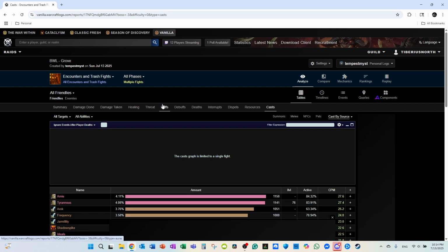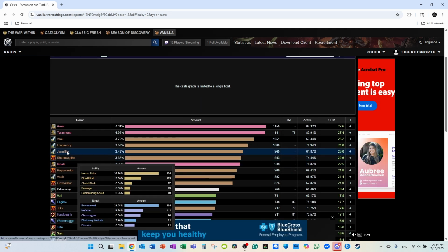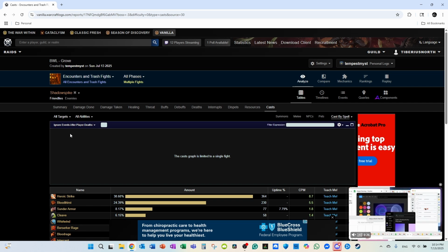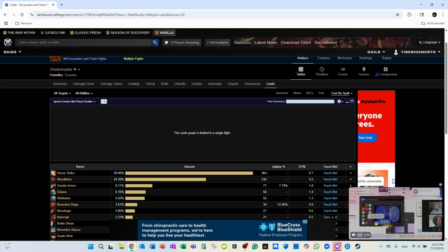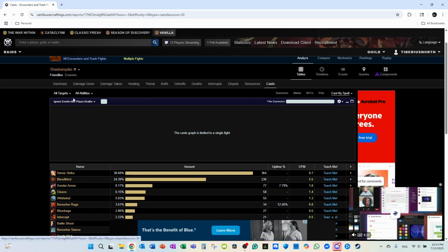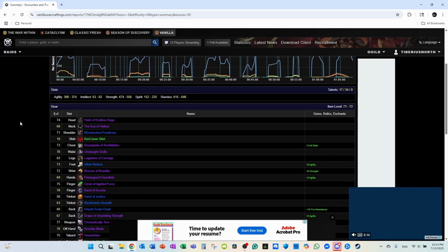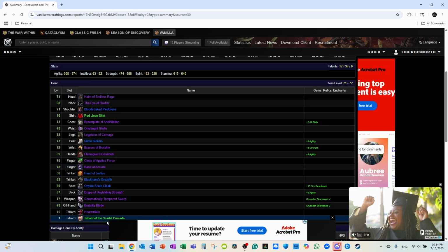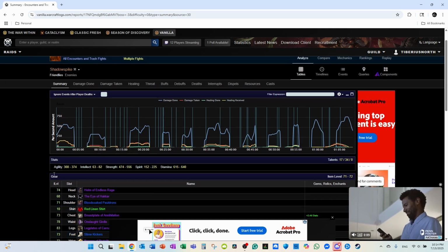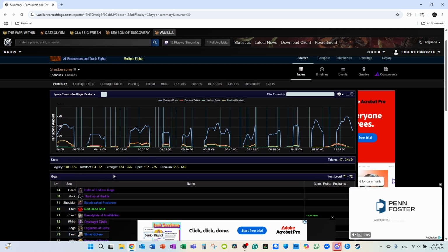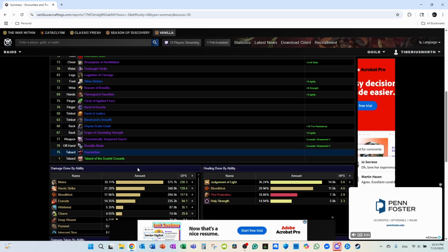You can also look at individual players. Let's say you can go to Shadow Spike, for example. And for this individual player, you can get all the same stuff as well. So I can go to summary for this player. You can see the gear that they have. You can see their stats. Agility, intellect, strength, spirit, stamina.